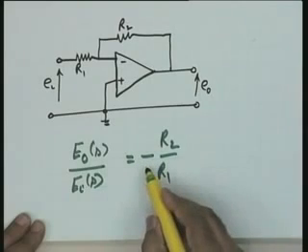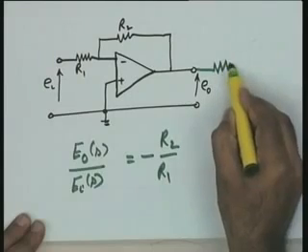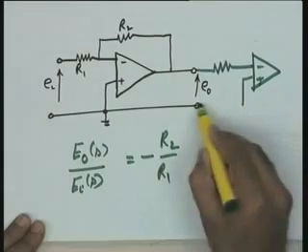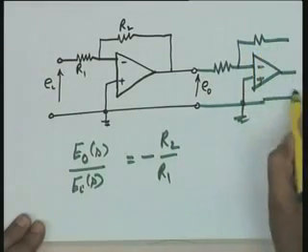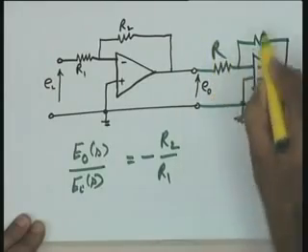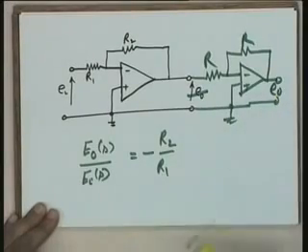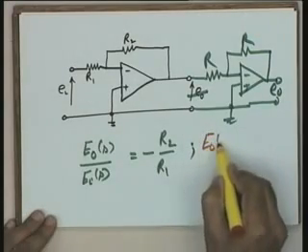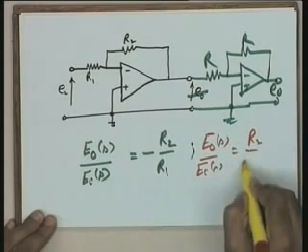Okay. Now, the minus sign, I may like to get rid of the minus sign. Well, put an inverting amplifier in series, in cascade. Let me say R, and now if I take this as E naught, then E naught S over E I S becomes equal to R2 by R1.